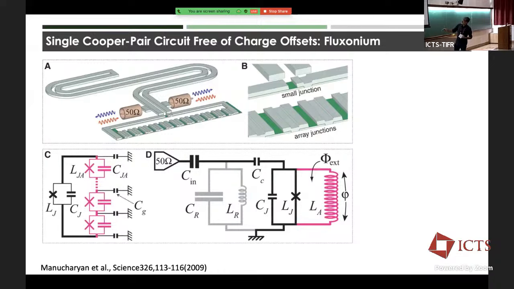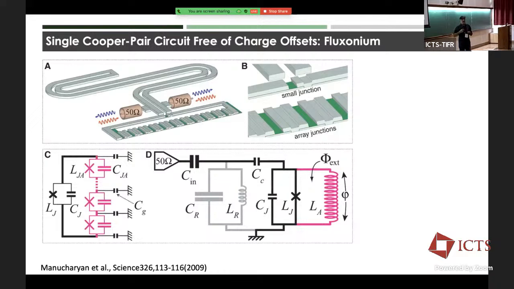And this linear inductance is replaced by an array of Josephson junctions, which are somewhat larger in size. They are big junctions compared to this one, which means the inductance of each junction is smaller. But you put them in series, and you maybe make something like 50 or 100 or so, and you get a large enough inductance.